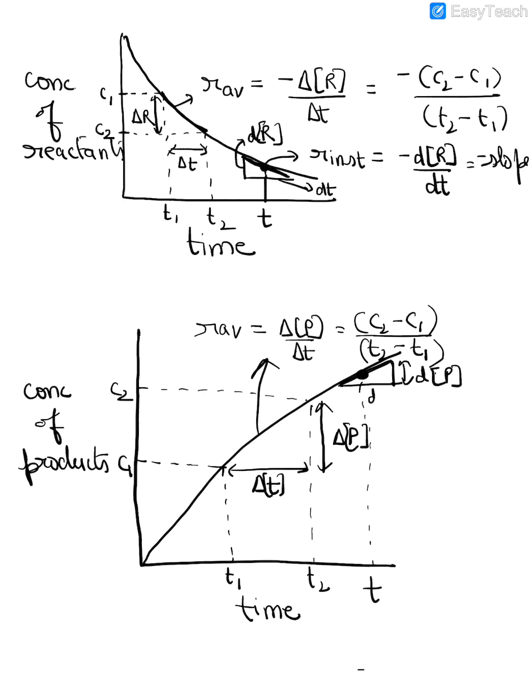This will be dt, and this slope is known as the instantaneous rate, which is dp by dt, that is an upward slope. Fine.